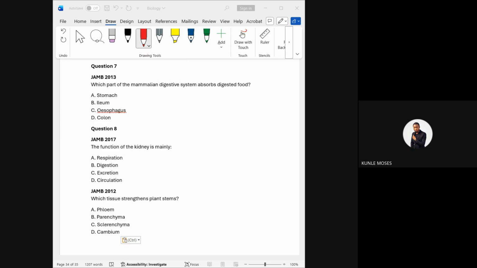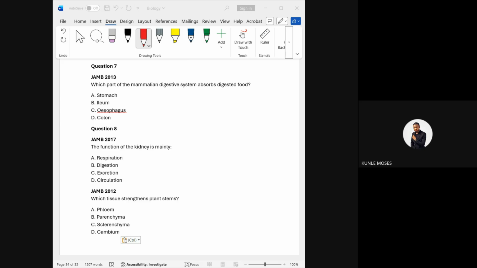Okay, now, Titi, what is the function of phloem? Let me be sure. Phloem transports food. Very good. Stephanie, what's the function of xylem?